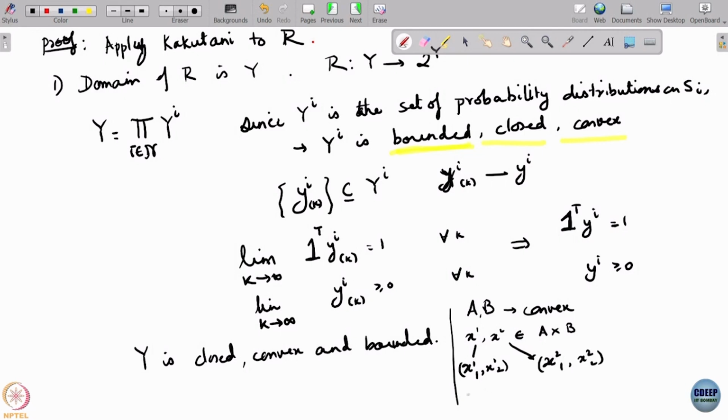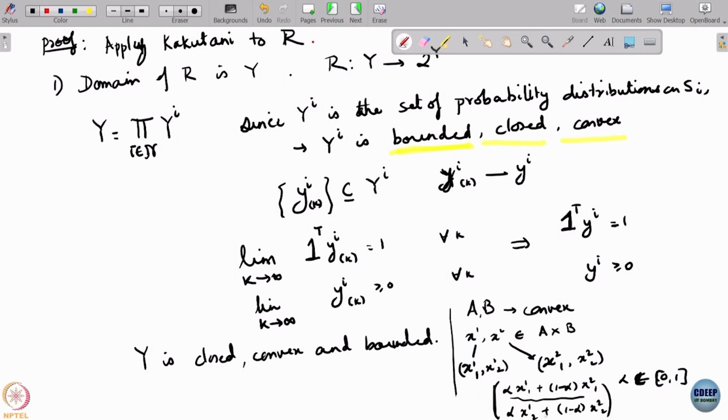Now if you take a convex combination of x1 and x2, alpha times x1 plus 1 minus alpha times x2, where alpha is in [0, 1], this reduces to alpha x11 plus 1 minus alpha x21, and alpha x12 plus 1 minus alpha x22.